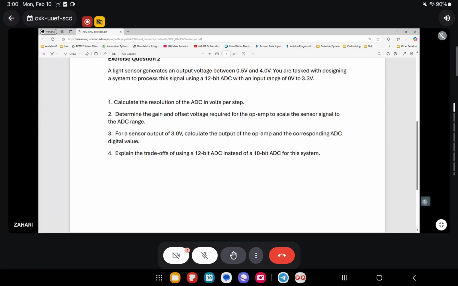Okay, and then the offset, to shift the 0.5 to the 0 volt for our ADC, we use this. This is a different way to calculate; the other one we previously calculated differently. This one we just use negative 0.5 volt, the minimum voltage, times the gain.